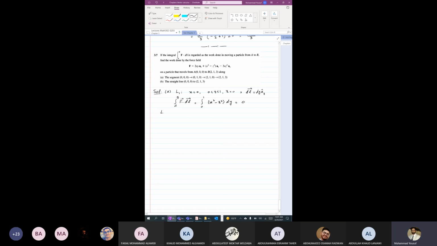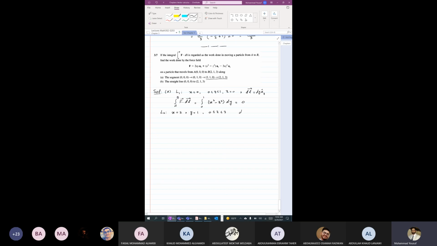Now line L2. L2 means from 2, 1, 0. Here x is equal to 2, fixed, y is equal to 1, also fixed, and 0 is less than or equal to z less than or equal to 3.